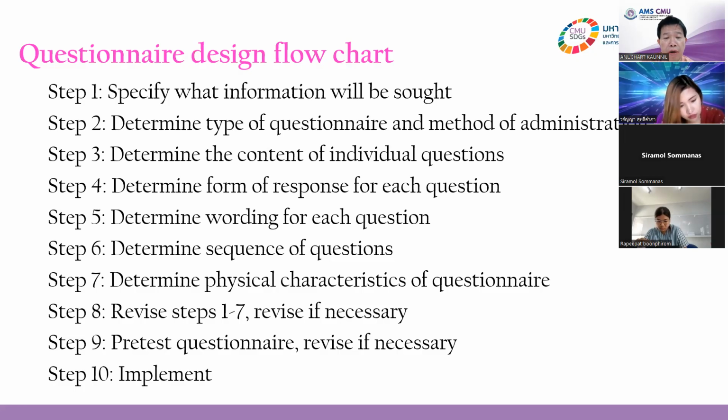Okay, revise from step 1 to step 7. Okay, pre-test the questionnaire, try and implement. Okay, after you pass ethics, for an online questionnaire, if we put it up already, they are willing to answer the question online. Don't send the full paper yet.